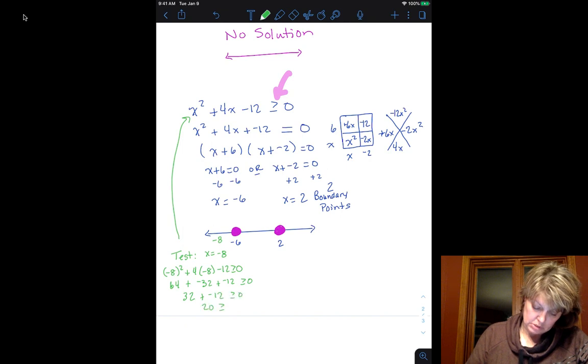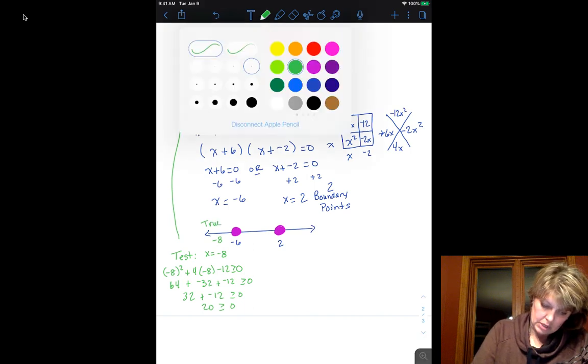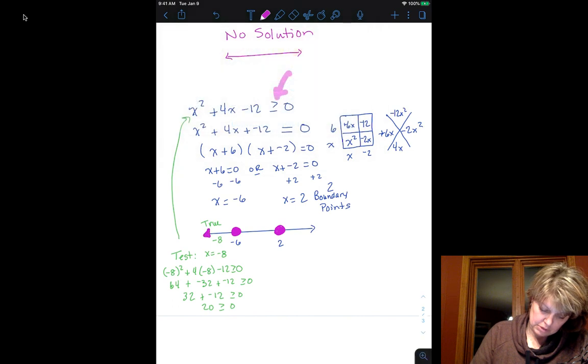Is 20 greater than or equal to 0? And the answer is yes, it does make it true. So I am going to highlight in purple these values over here because they do in fact make it true. Those make it work.